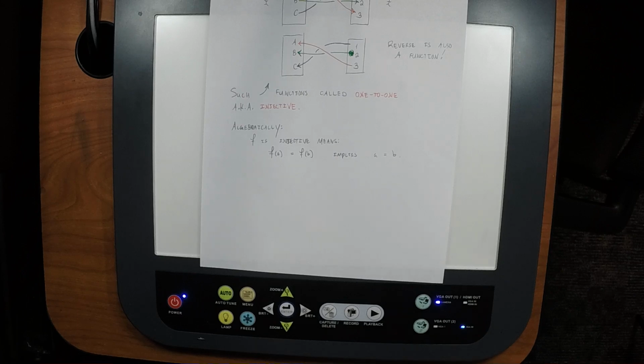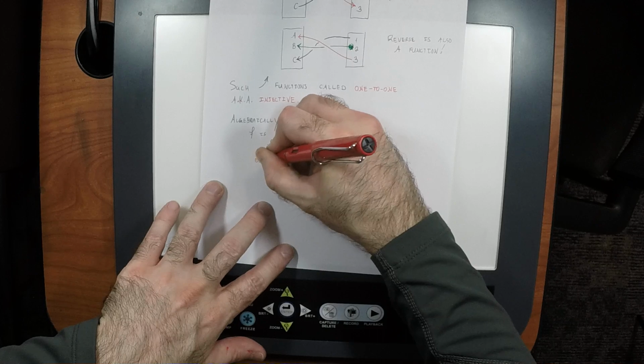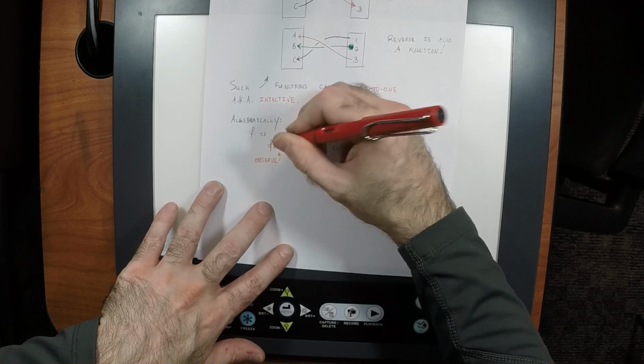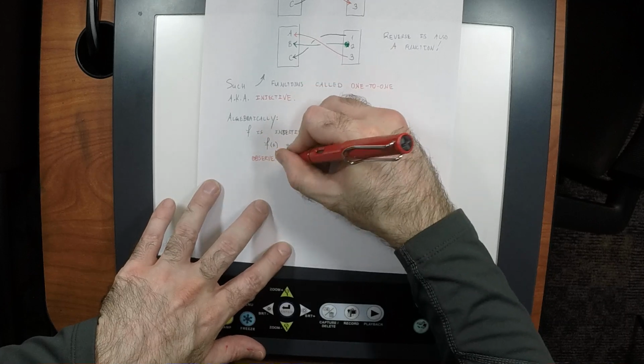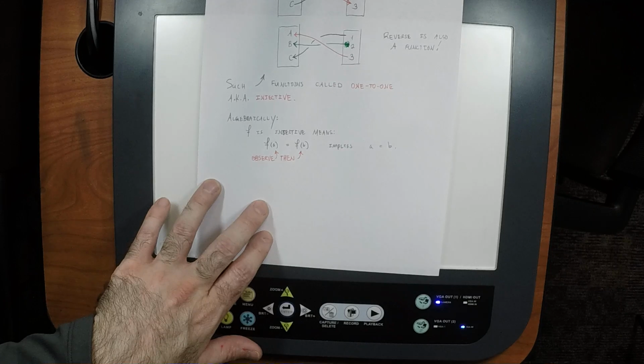So that's the kind of math definition that only a mathematician could love. Let me explain what this is saying. It's saying that suppose you witness two outputs. You observe this first, and then you observe that, and they're the same.